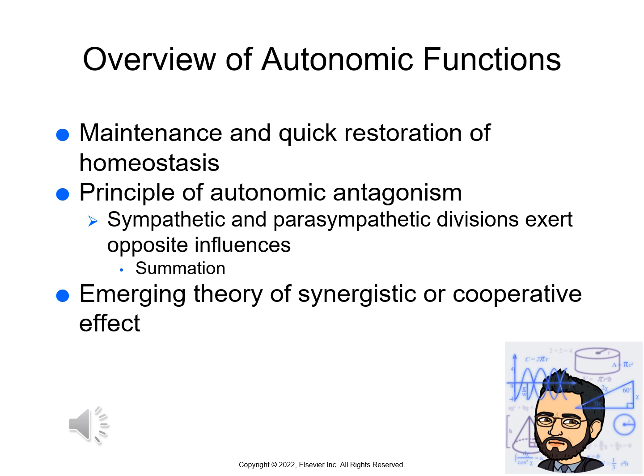This is where the sympathetic and parasympathetic divisions exert opposite influences, so they're in tension. For example, the sympathetic division increases heart rate, while the parasympathetic division decreases it to keep it at the right rate, so you won't pass out, so your brain continues receiving oxygen continuously.